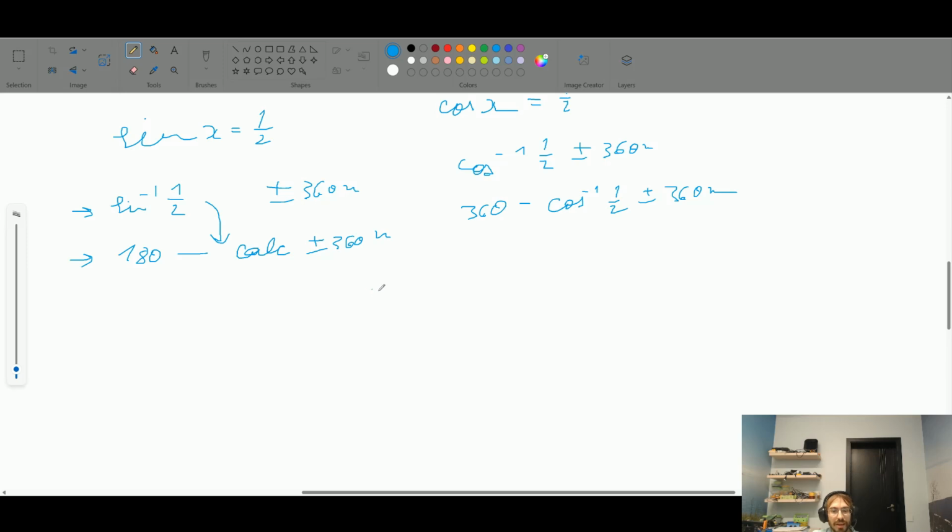For tan, there will be one series: tan x equals 5, tan minus 1 of 5, but plus or minus 180 degrees.